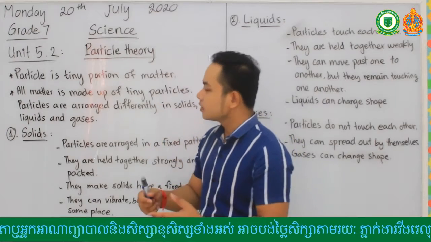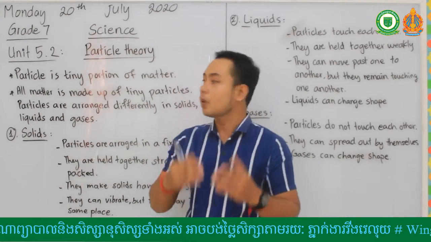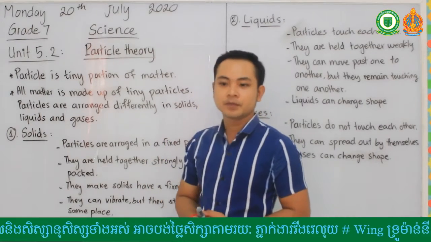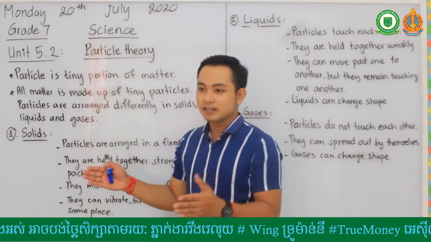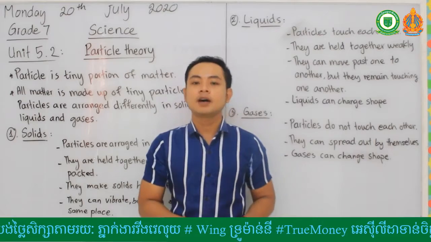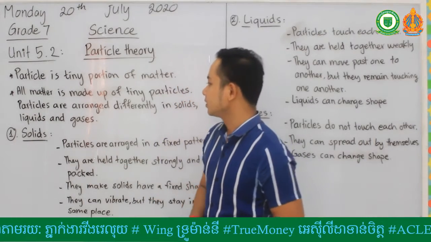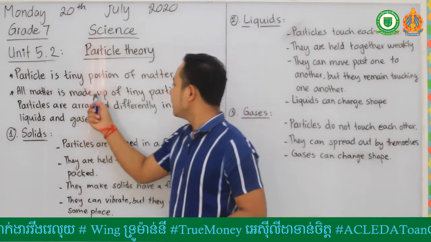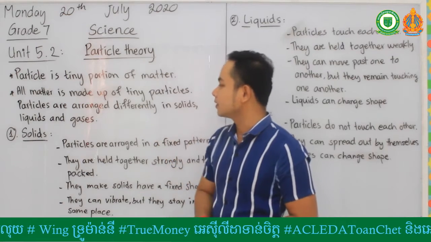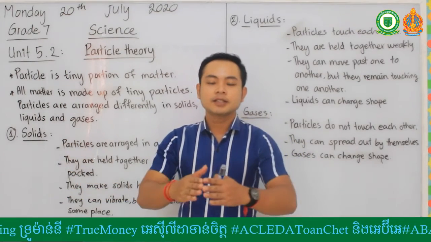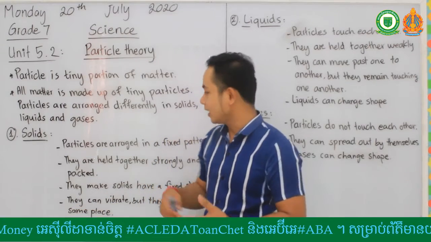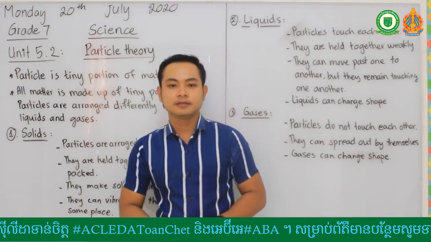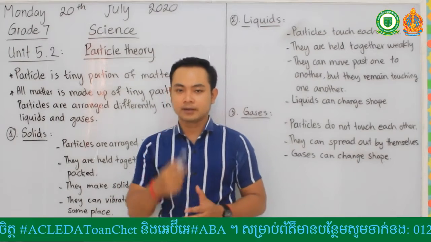So a particle is a tiny portion of matter. Every matter is made up of particles. All matter is made up of tiny particles. A lot of particles gathering together can make a matter, one object.